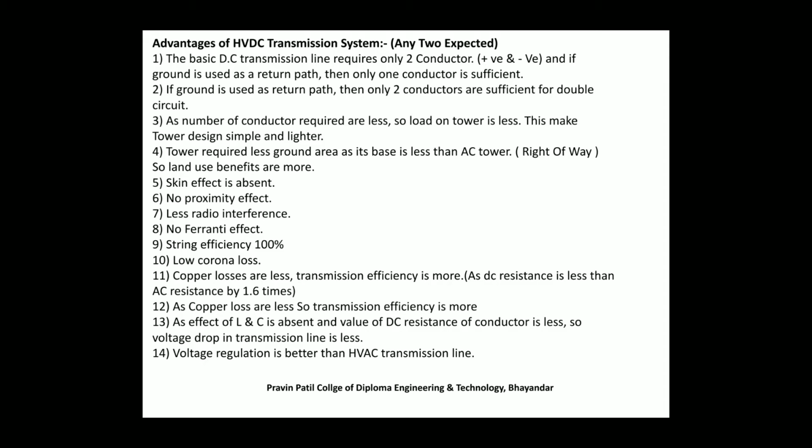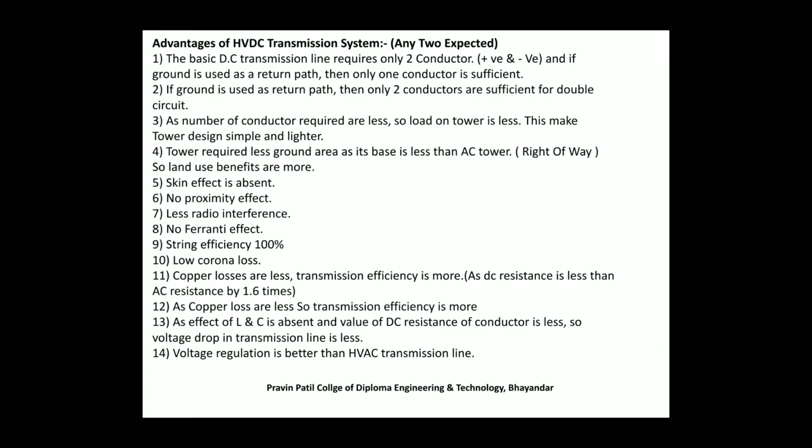If ground is used as a return path, then only two conductors are sufficient for a double circuit. As the number of conductors required is less, the load on the tower is less. This makes tower design simple and lighter. The tower requires less ground area as its base is less than an AC tower, so land use benefits are more.